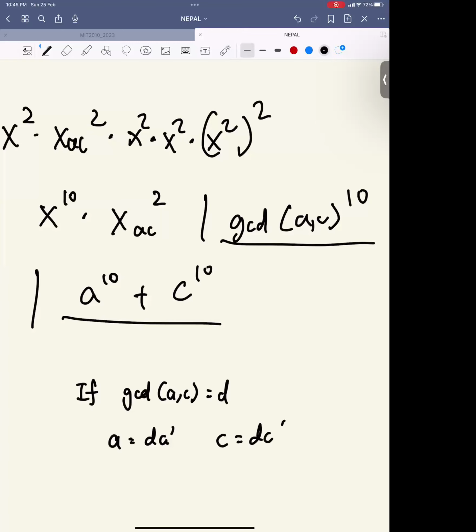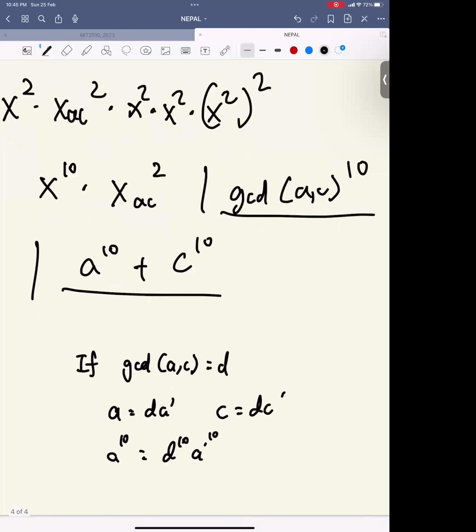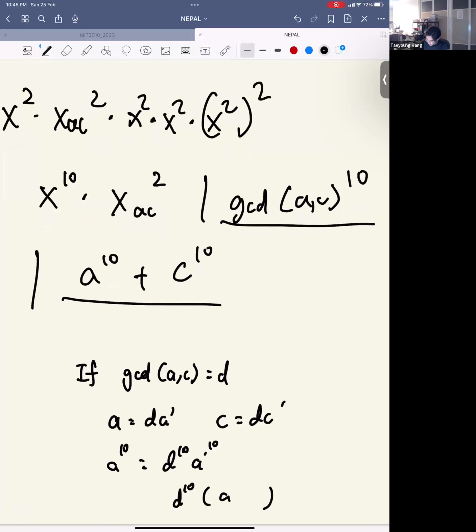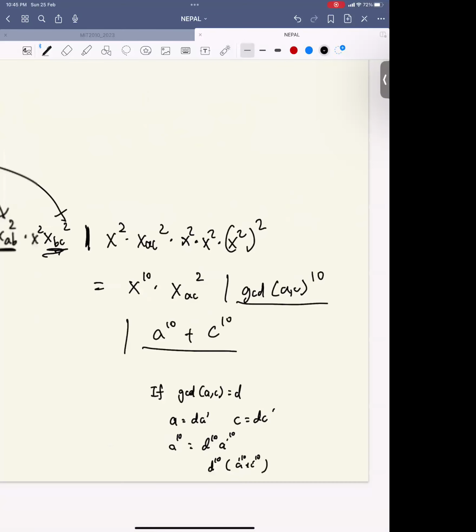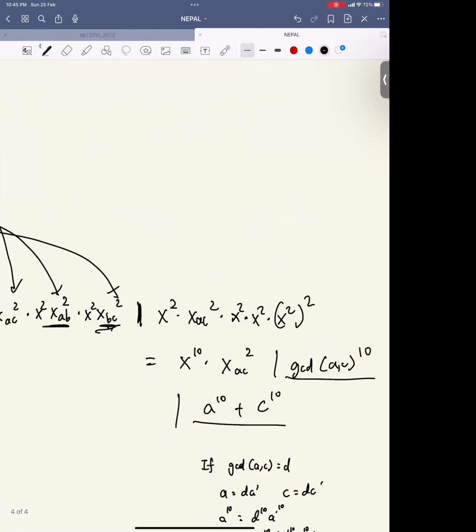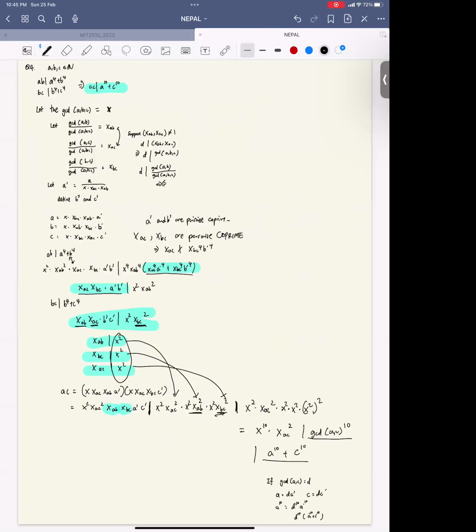Then D to the power of 10 equals to... Okay, yeah, I get it. So you have a factor of D to the power of 10. Oh yeah, obviously, what I was thinking. Okay, I got it.